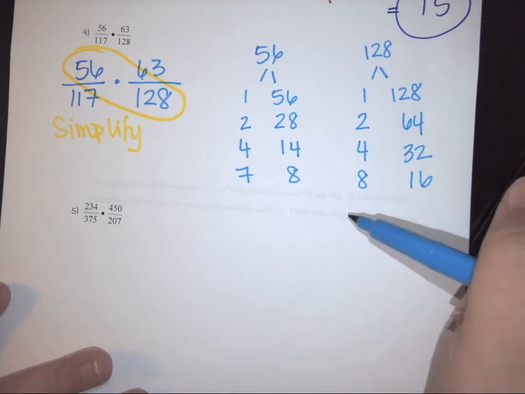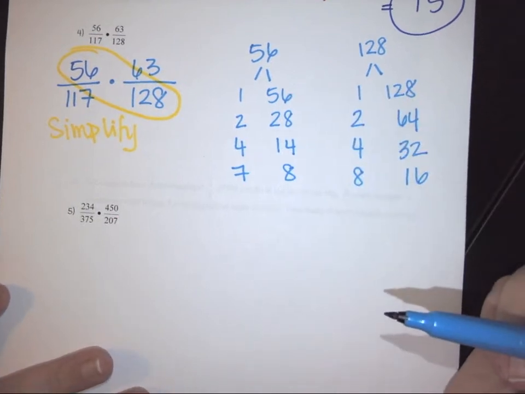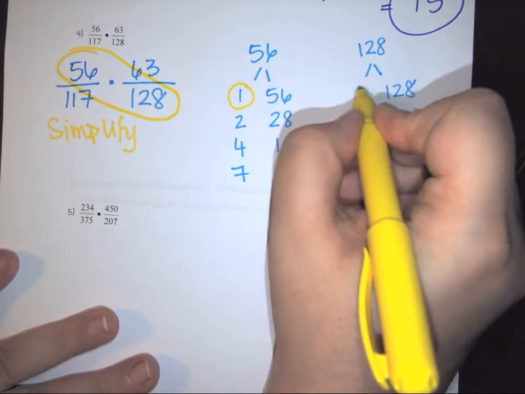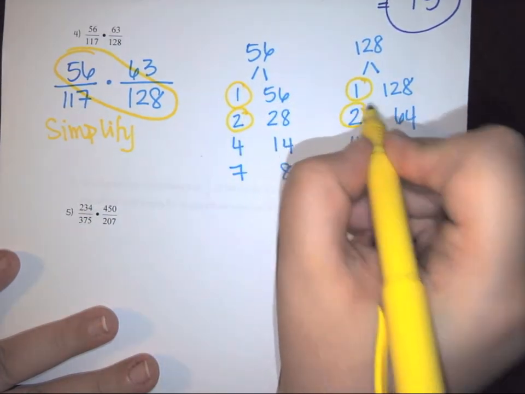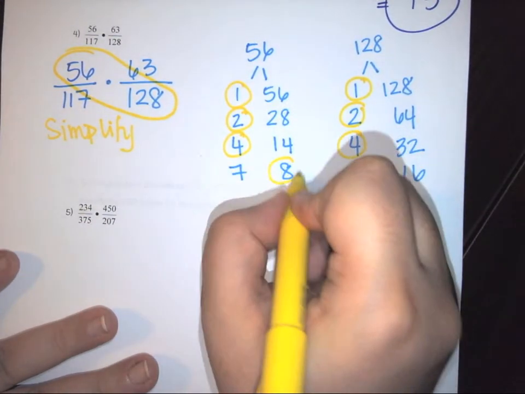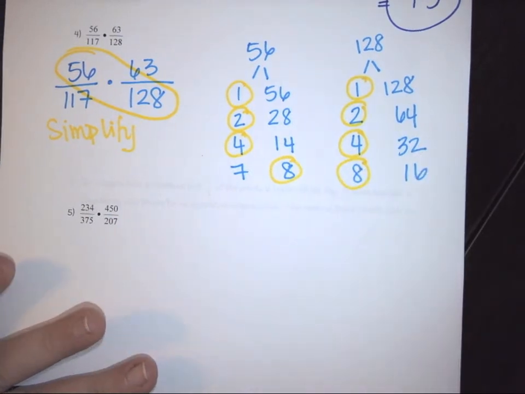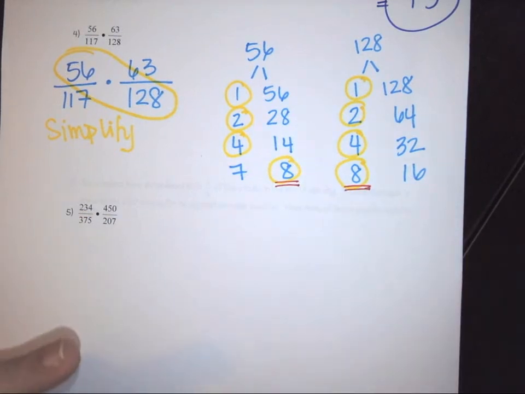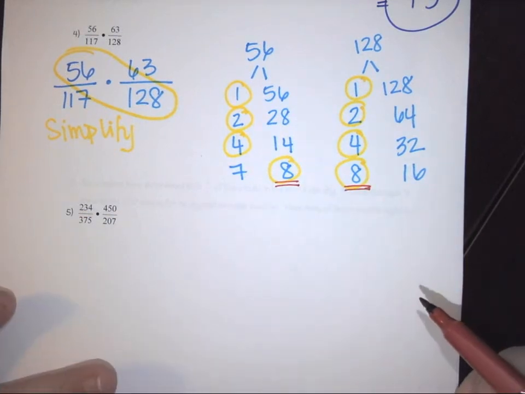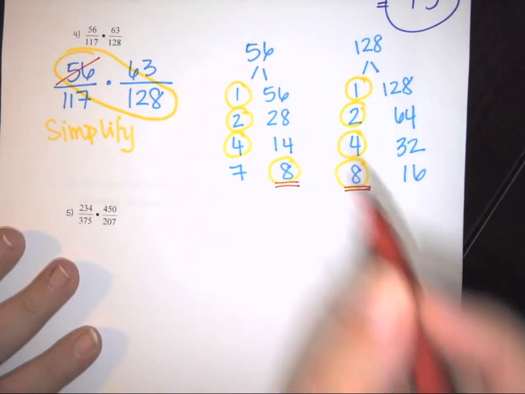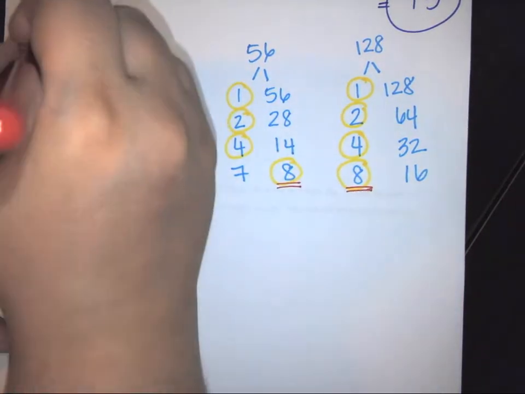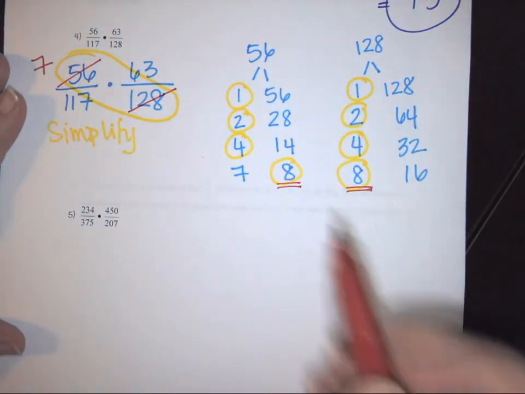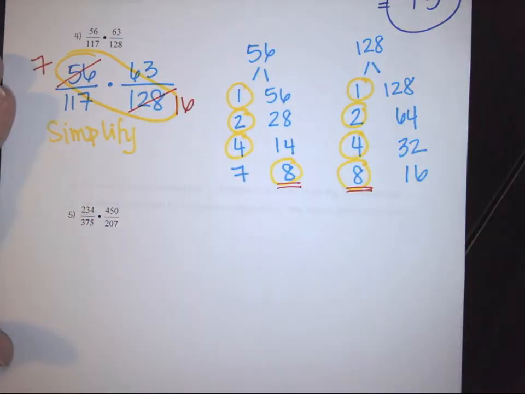And what you'll notice is that none of the rest of these actually work. So if we're looking at what we have, we've got the 1 on both, we've got a 2 on both, we've got a 4 on both, we have an 8 on both, which means automatically that my largest here is going to be an 8. So when I pull an 8 out of 56, I am left with 7. And if I pull an 8 out of 128, notice I'm left with 16.